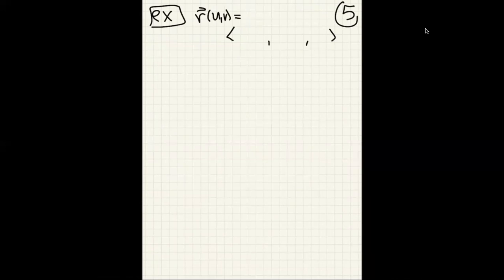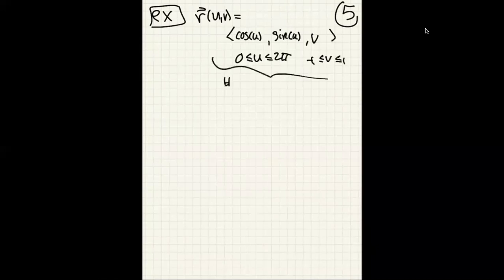So the first one is cosine of u, then sine of u, and then v. I'm going to let u go between 0 and 2 pi, and v between -1 and 1. So the big question is how to visualize this.